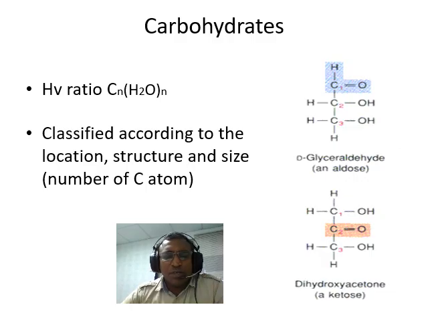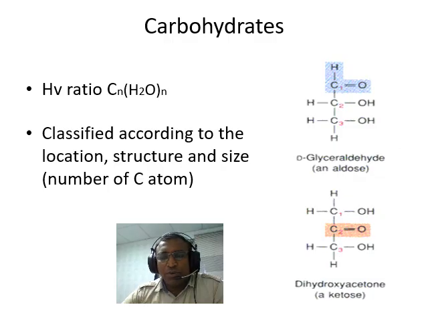Location wise, you have starch found in plant chloroplast, and then you have glycogen found in either liver or muscle. So it varies in terms of location based on the type of carbohydrate. Then you have structure as well as size.